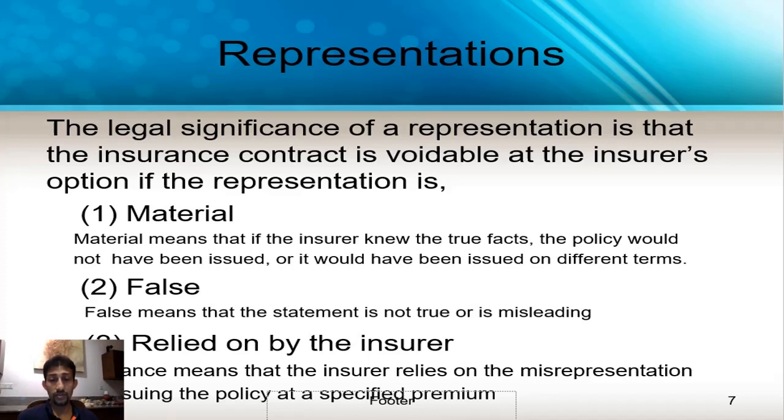Relied upon by the insurer means some information is relied on, thinking that the information is correct. We see this especially in marine insurance as well, where the insurer has utmost trust in the information provided by the insured regarding the goods.